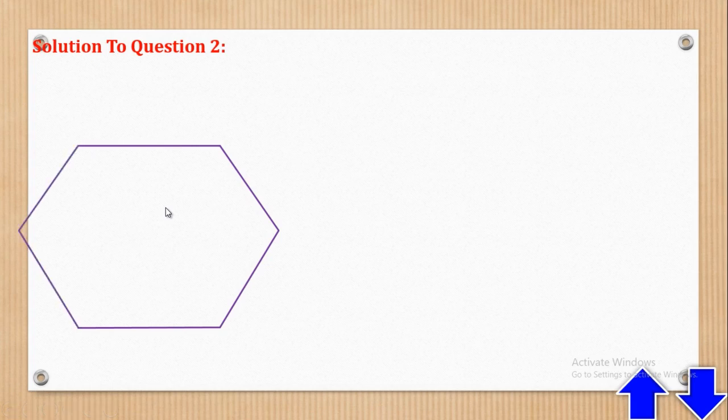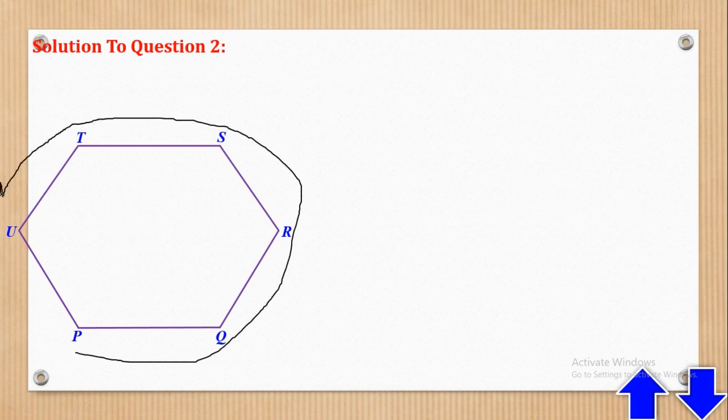Then we have to label, but labeling has to be done in an anti-clockwise direction. So always remember that labeling has to be done in an anti-clockwise direction like that. PQ is our reference axis, that is why it is horizontal. So PQRSTU, labeling in an anti-clockwise direction.